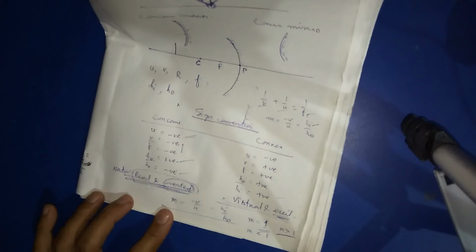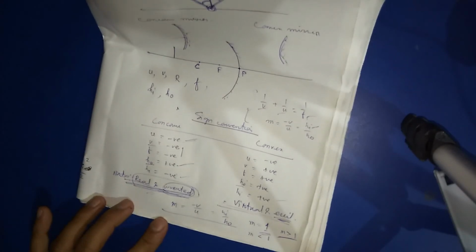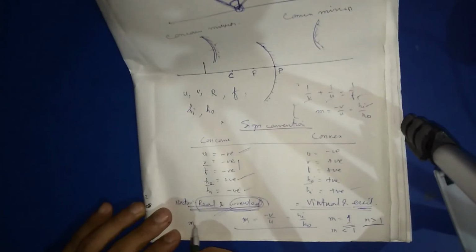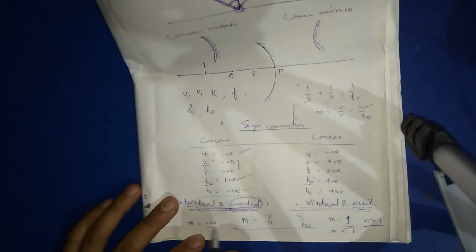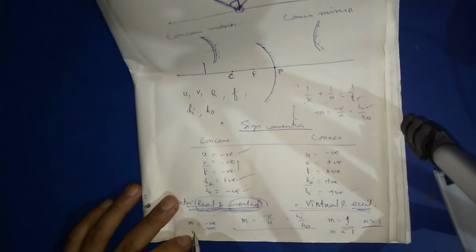If m is less than 1, the height of the image will be small, or diminished. Then m can also have a negative or positive value. If m is negative, it will give a really inverted image. If m is a positive value, then it will be virtually erect.